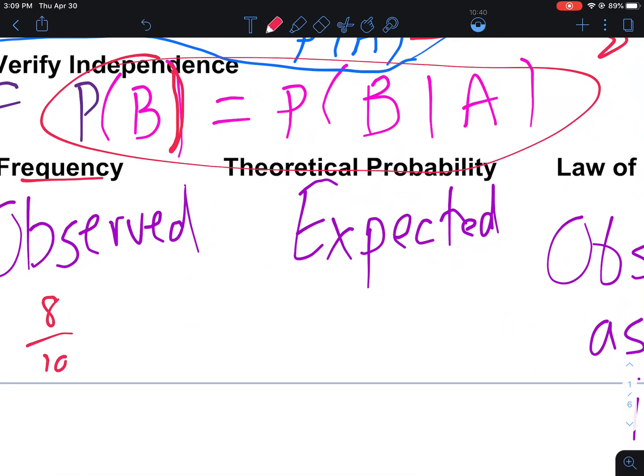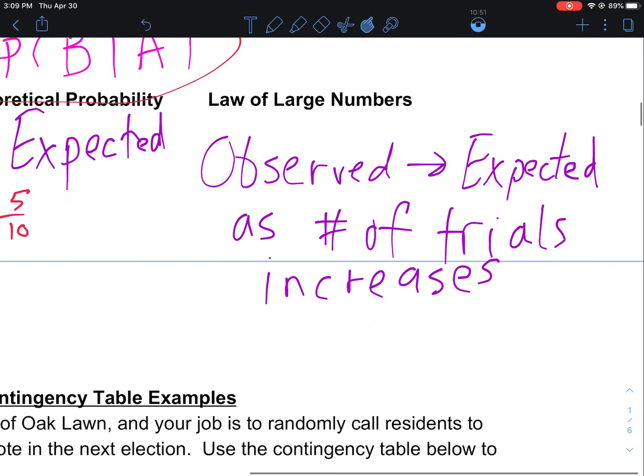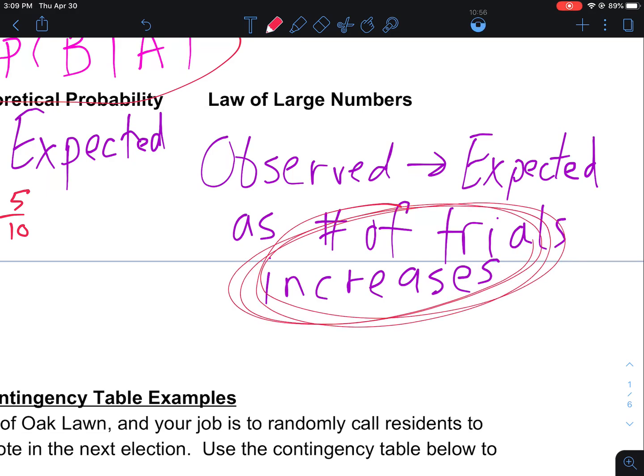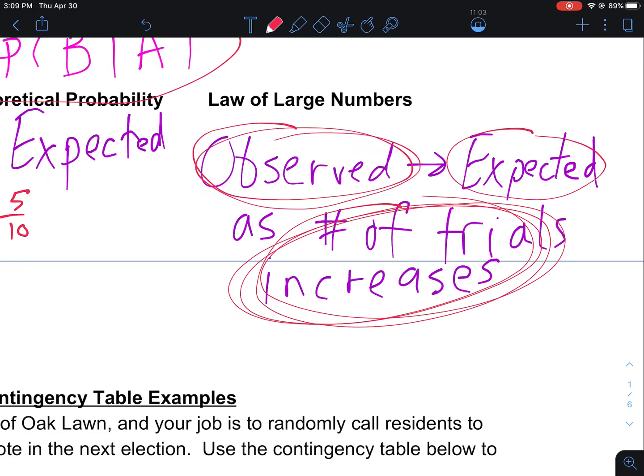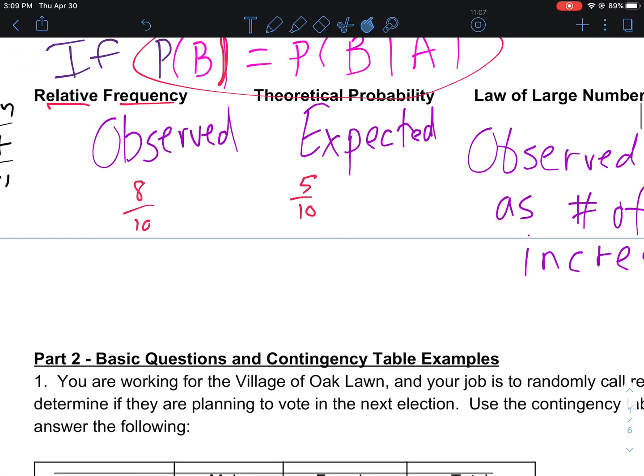Now, technically, theoretical probability or expected, you're expecting 5. And there's no such thing as the law of averages. If you've ever heard that, that person is misspeaking, but there is a law of large numbers, which says if you do something more and more and more, as the number of trials increases, your answer for what you're observing will approach what you're expecting. So in this case, don't worry of it so much as out of 10.